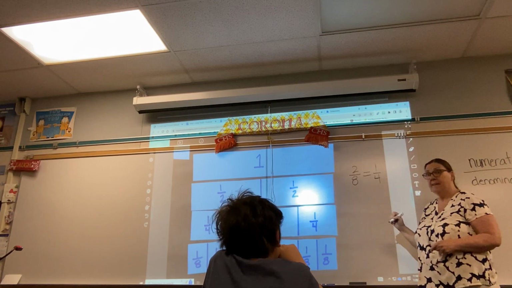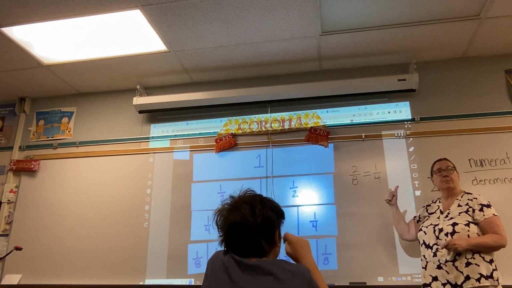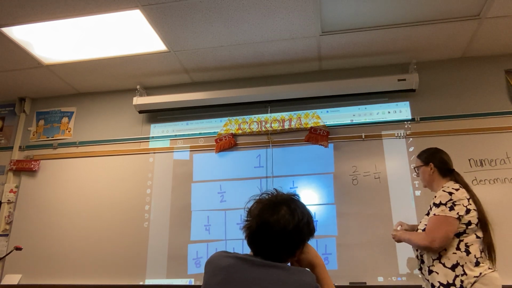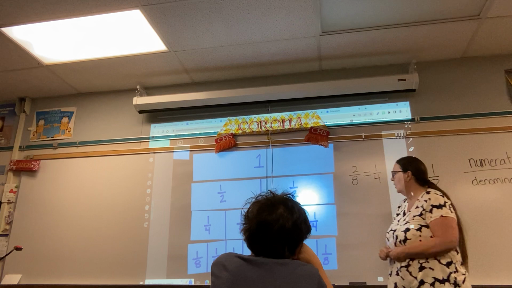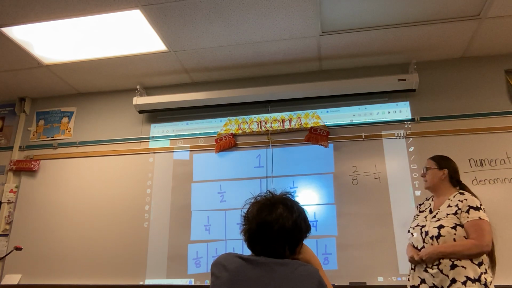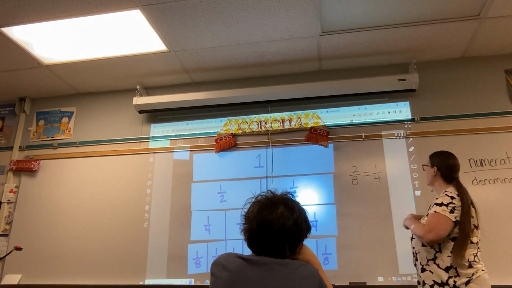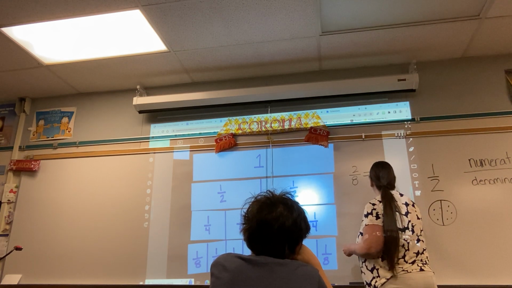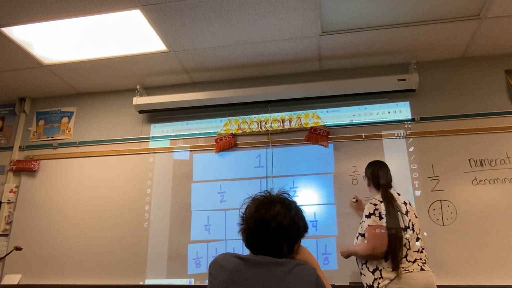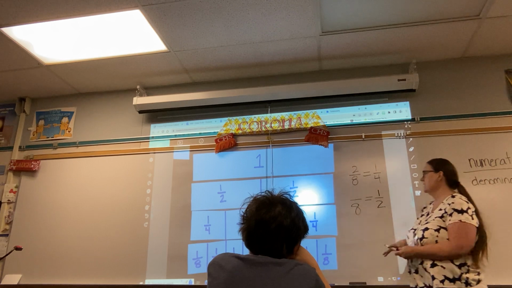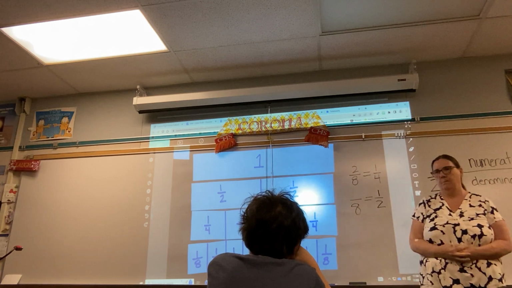Do you get that? You got that, Gavin? Thumbs up, thumbs down? Okay, great. So what about if we're looking at 8s and we want it to be the same as 1/2? How many 8s would we need to equal the same as 1/2?